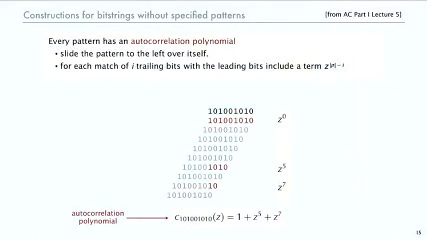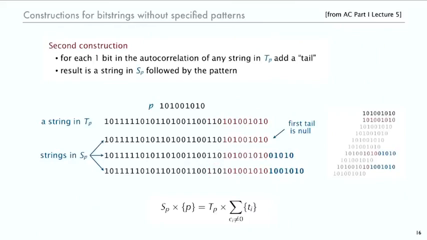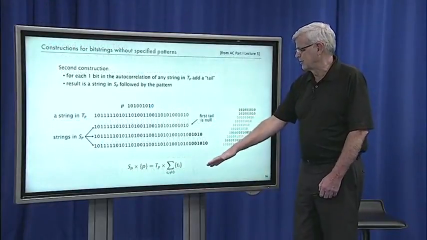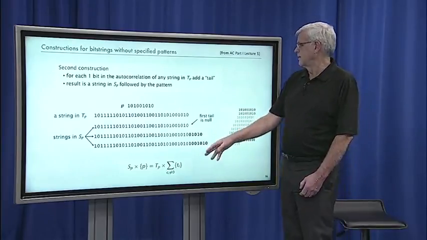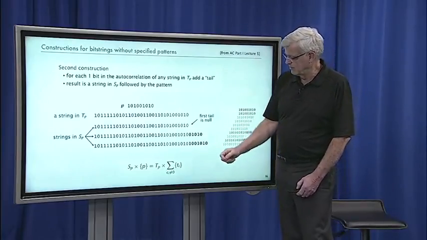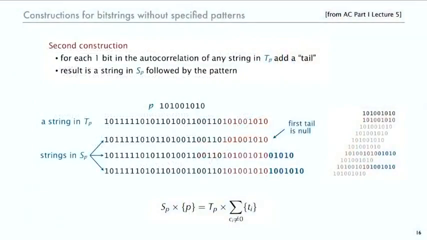So we define this thing called the autocorrelation polynomial. With it, we can develop another combinatorial construction, and I won't go through the details of this. Again, look in lecture 5 if you want to see them. That gives the construction of these 2 classes, SP and TP, in terms of the autocorrelation polynomial.